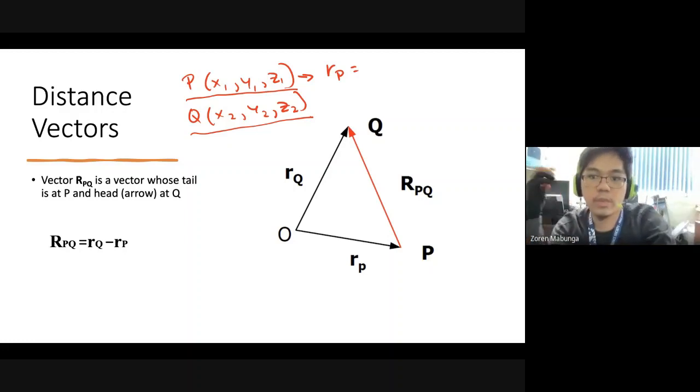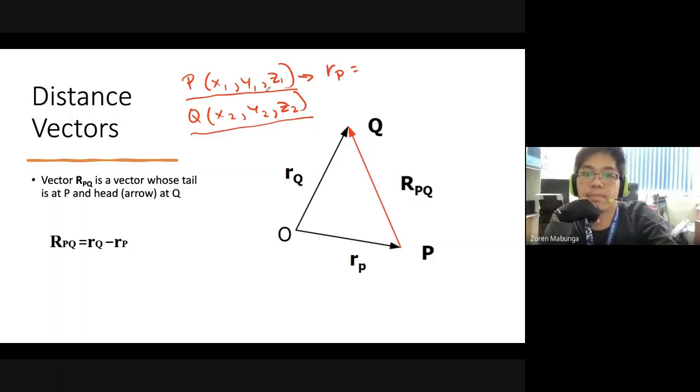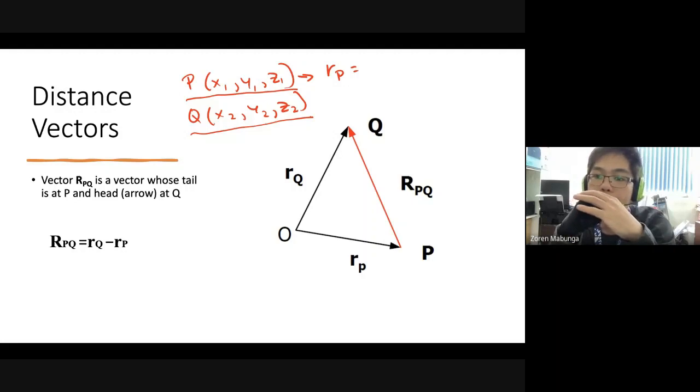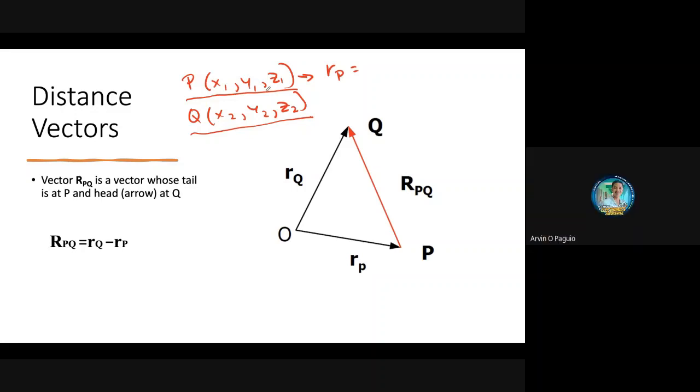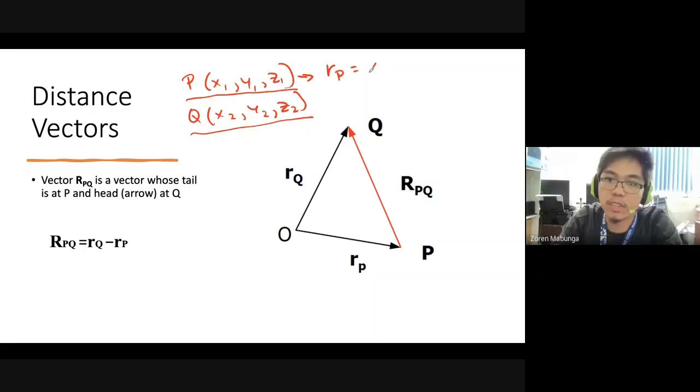X sub 1 AX plus Y sub 1 AY plus Z sub 1 AZ.